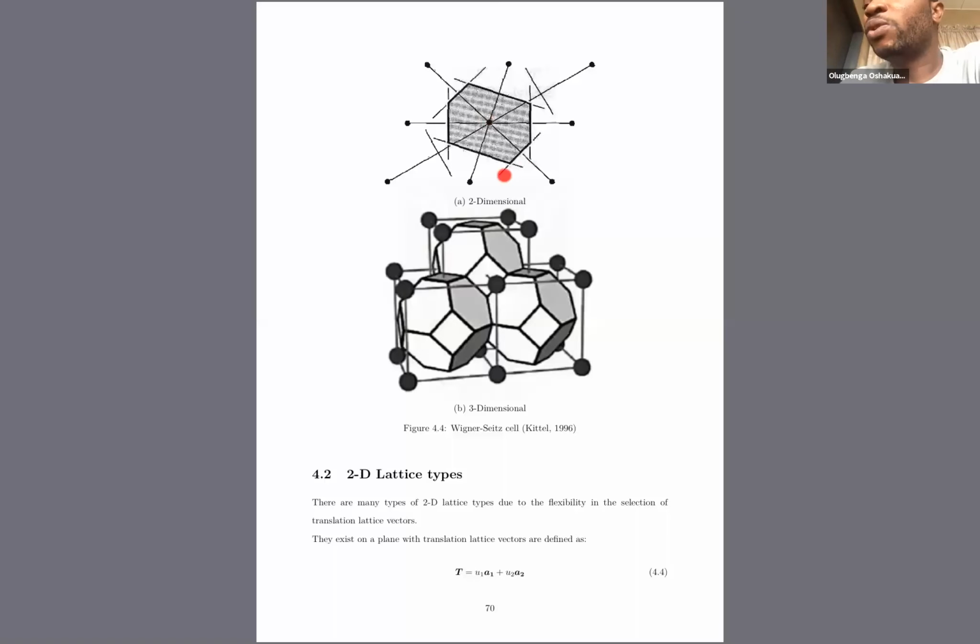Having gone through the 8 neighboring points, finding the midpoints between them and the central point and inserting perpendicular bisectors, the smallest polygon you can have in a 2D plane is what is called the Wigner-Seitz cell.